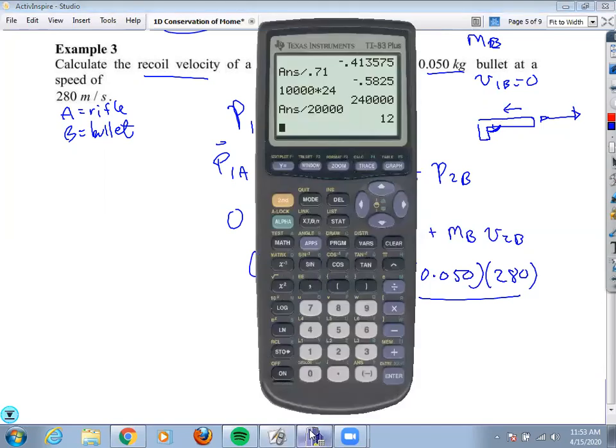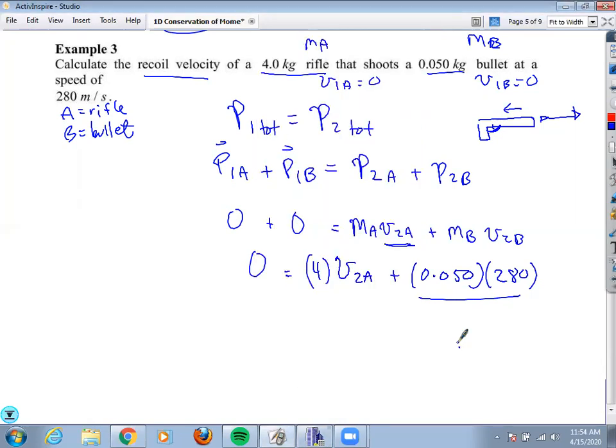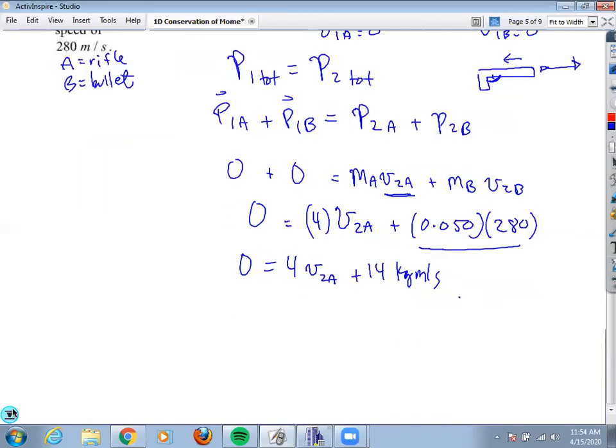Okay, so we'll multiply this out, 280 times 0.05, 14. So 0 equals 4 V2A plus 14 kilograms meters per second. Subtract that over. So negative 14 equals 4 times V2A.